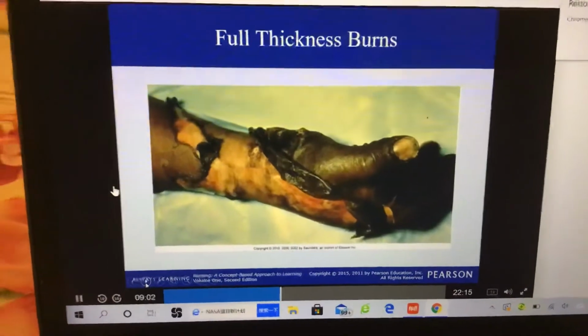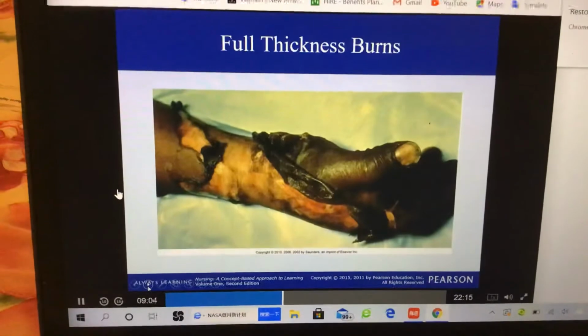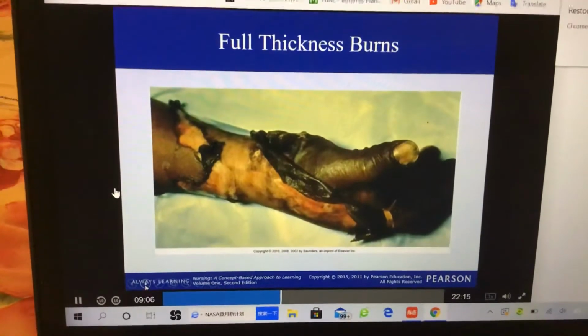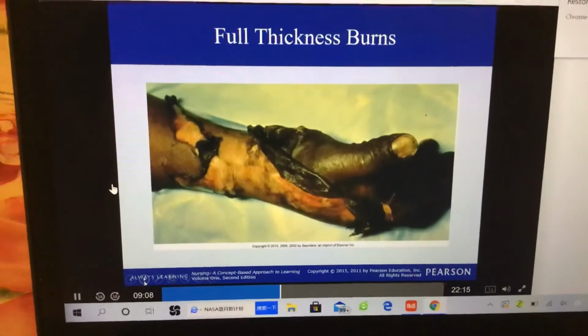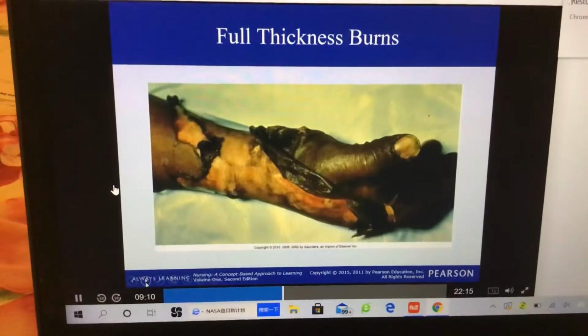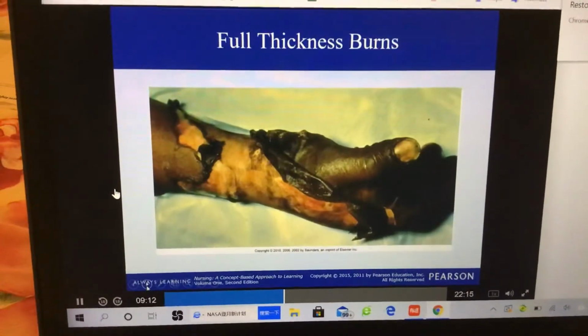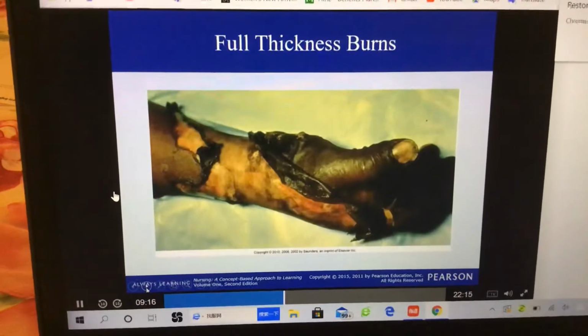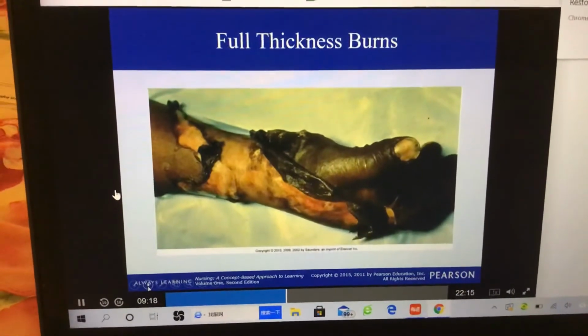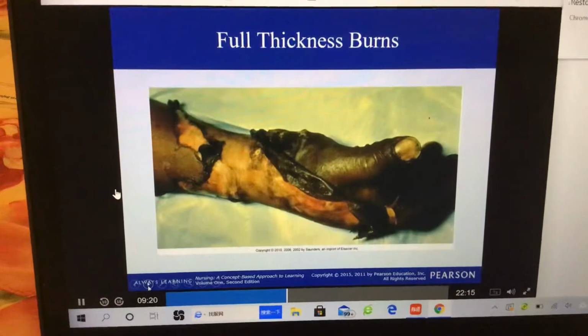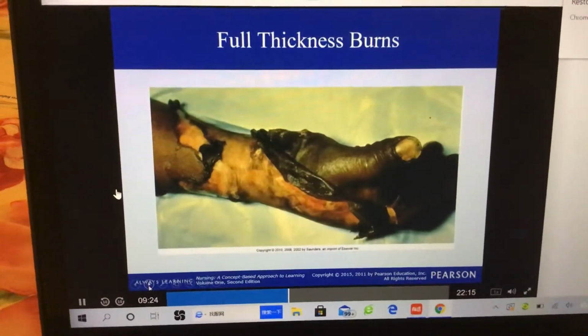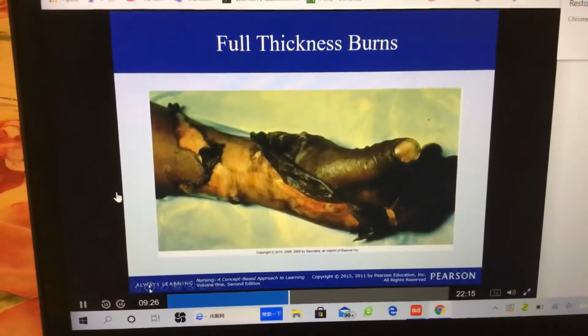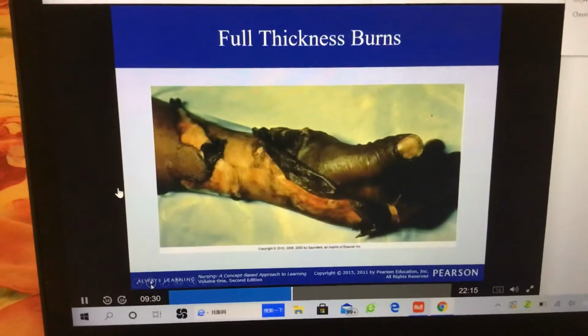Depending on the cause of the burn, full thickness burns may appear pale, waxy, yellow, brown, mottled, charred, or non-blanching red. The wound surface is going to appear dry, leathery, and firm to touch. The leathery skin is called eschar. There's no sensation of pain or light touch at the site because pain and touch receptors have been destroyed.